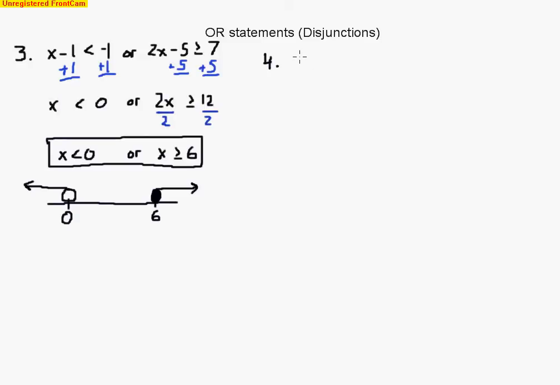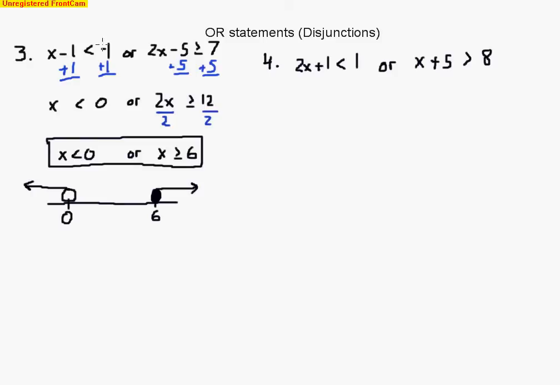And this one, let's go with 2x plus 1 is less than 1, or x plus 5 is greater than 8. So when we solve this, we do it the same way.